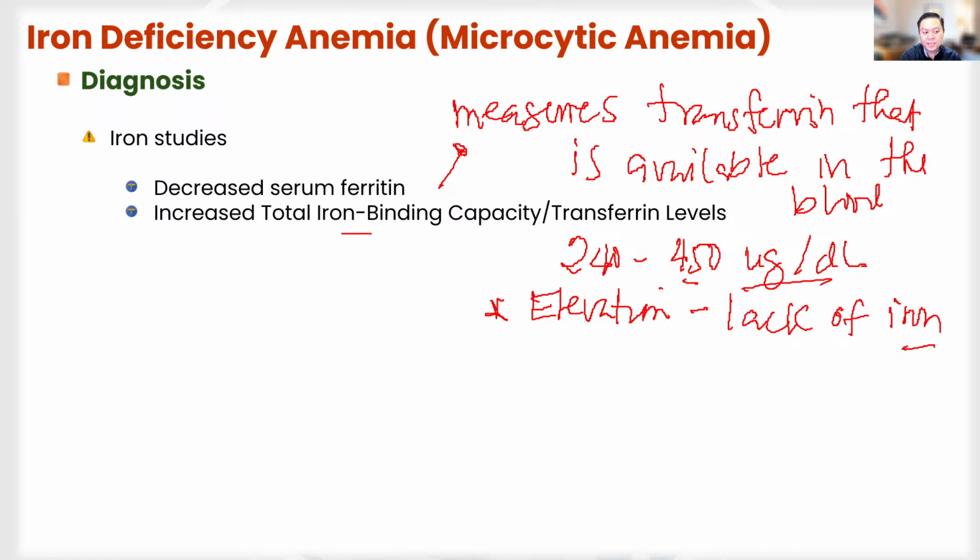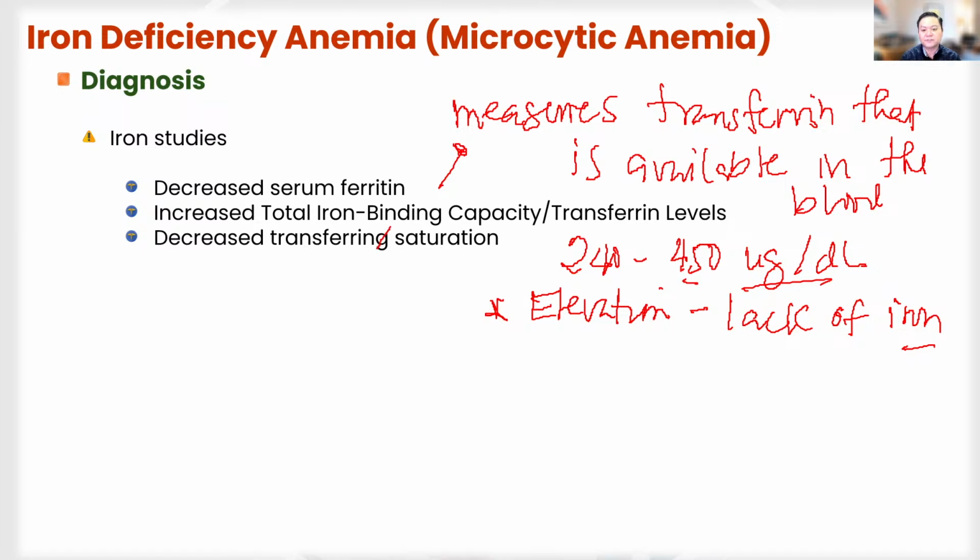So if it says increased TIBC, transferrin levels, it simply means that the patient has a lack of iron. Now, talking about the decreased transferrin saturation. That's only transferrin, there's no G.